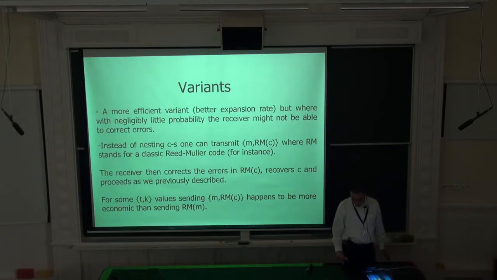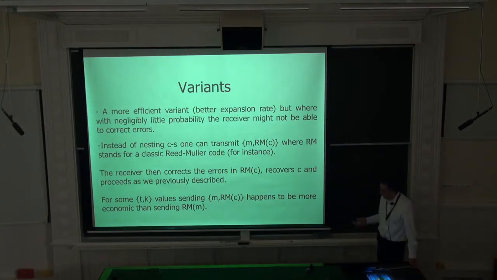Now, if you don't like to do a majority vote, what you can do is say, okay, use your scheme as you do, and I'm going to use, let's say, a Reed-Muller code, some other error correction code that has nothing to do with it, on this number C. I'm going to take an error correction code that has interesting properties when C is small, knowing that this error correction code has very good features when you want to correct a small number of errors on a very big message.